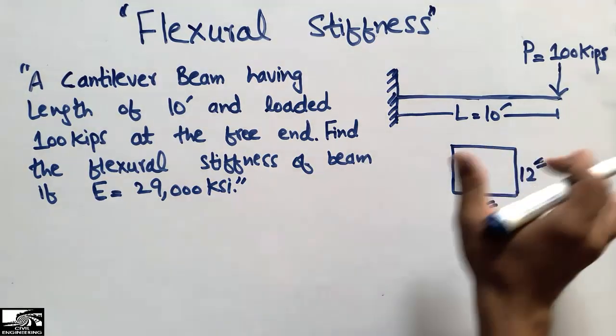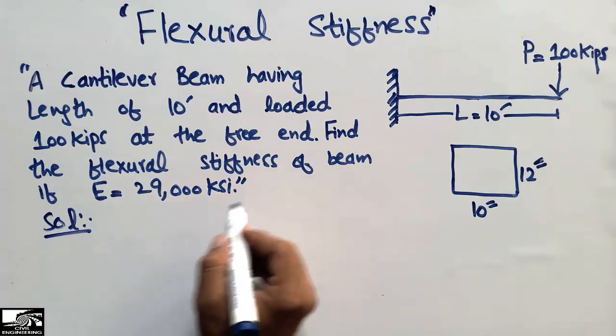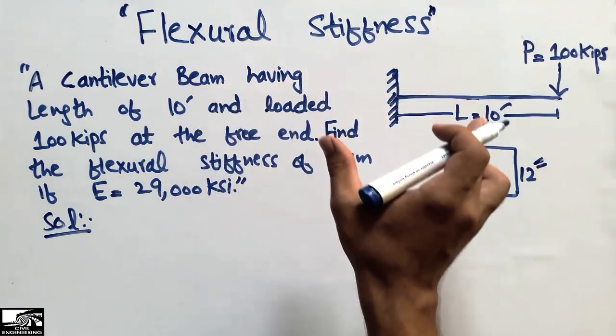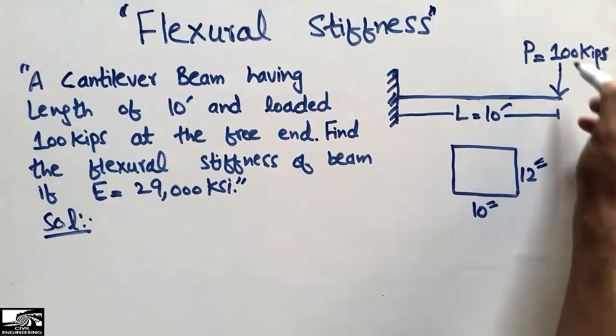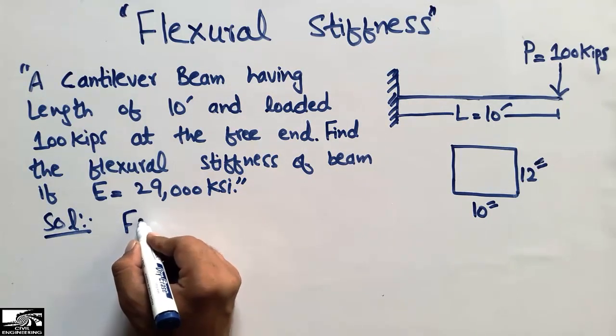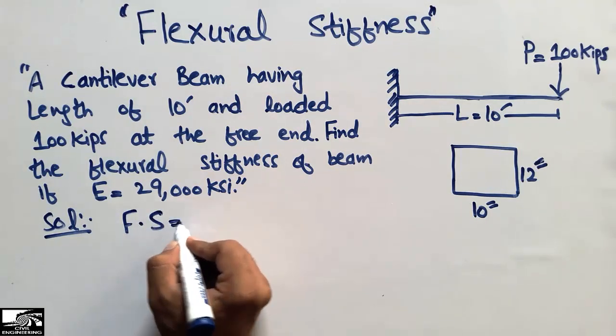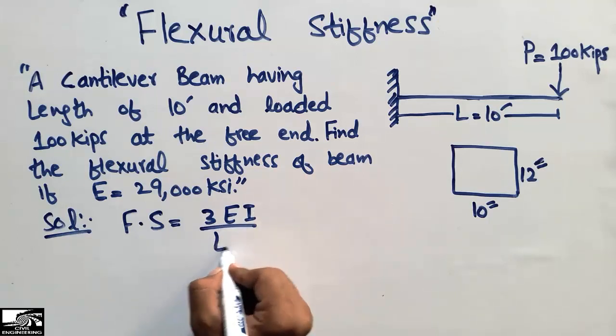So to solve this problem, a solution will be like that. For the flexural stiffness, we know that for the cantilever beam, in the load acts at the end of the beam, the formula for the flexural stiffness is 3EI divided by L cube.